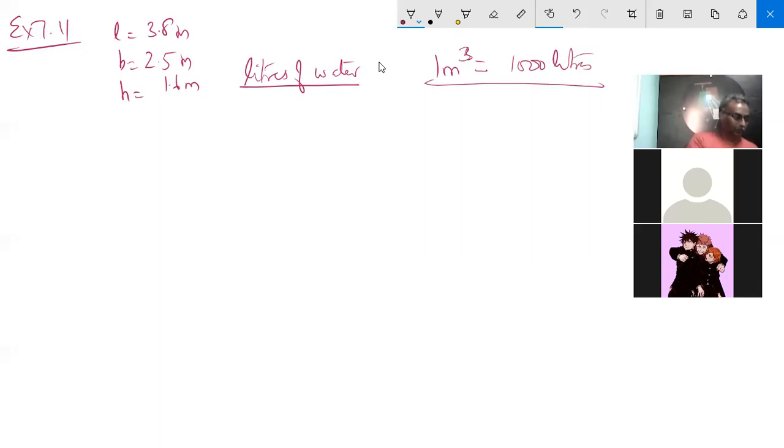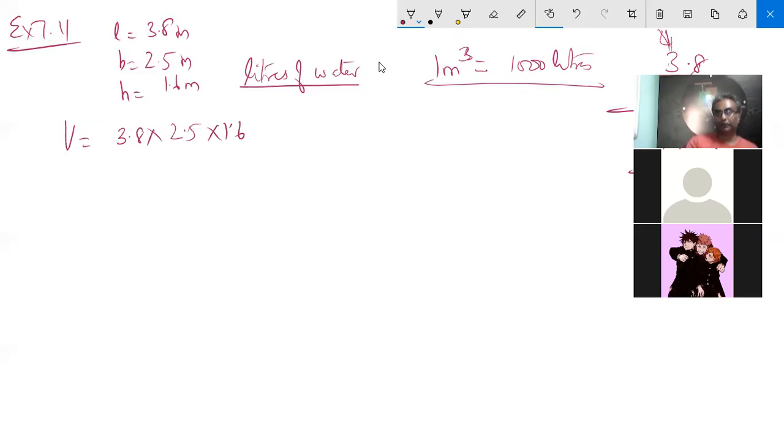So volume is equal to 3.8 into 2.5 into 1.6. Now 3.8 into 2.5. 5 8s are 40, 3 5s are 15, 19. 2 8s are 16, 6 plus 1, 7.